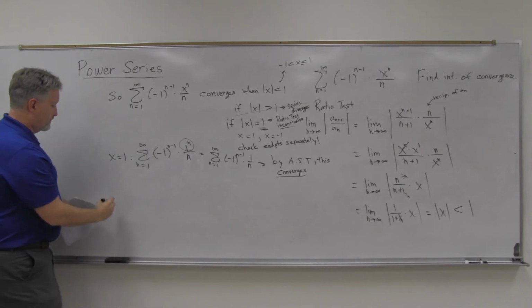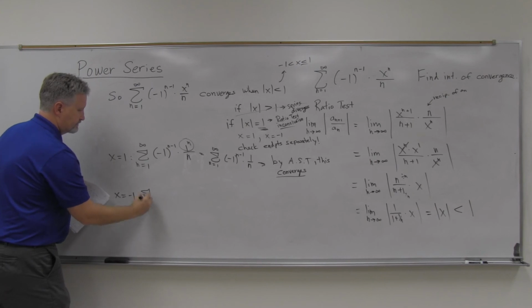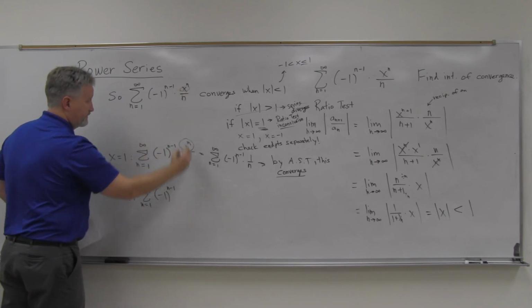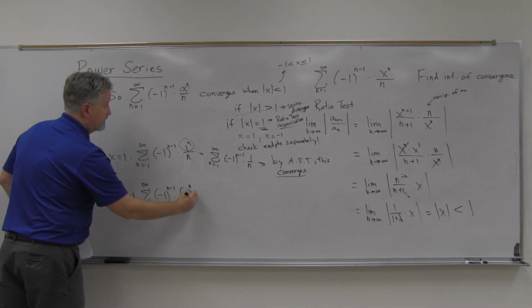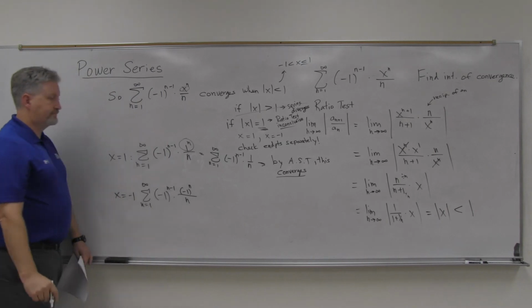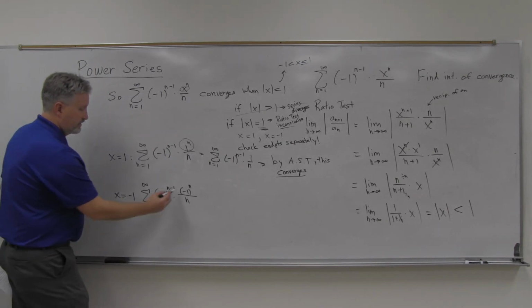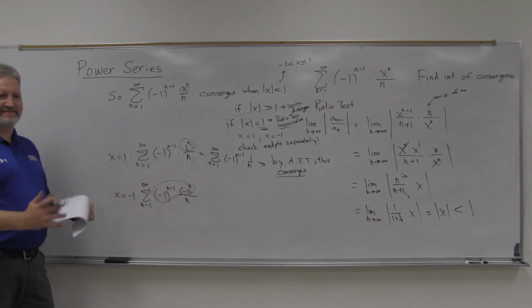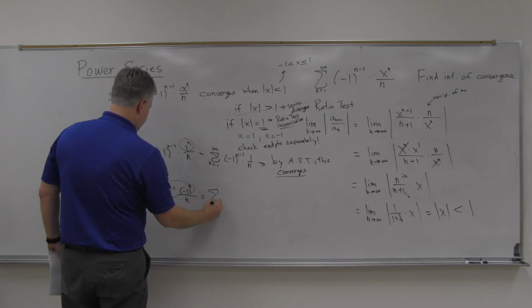Now let's test the other one. What about x equals negative 1? Well, if x equals negative 1, I'd have negative 1 to the n minus 1 times negative 1 to the n over n. What does that do? Well, here I've got the alternating signs together.